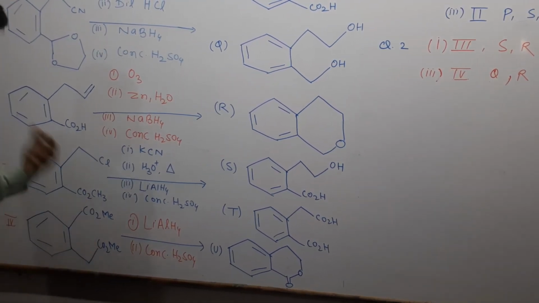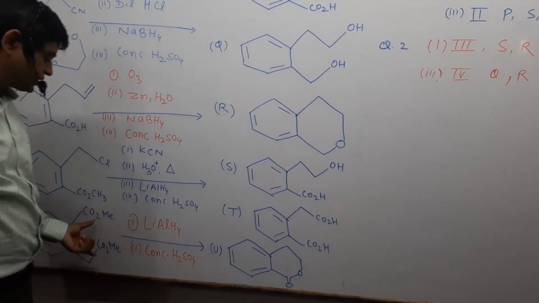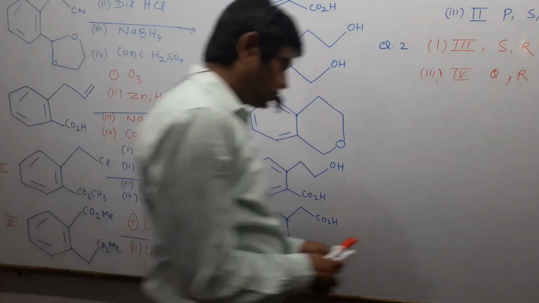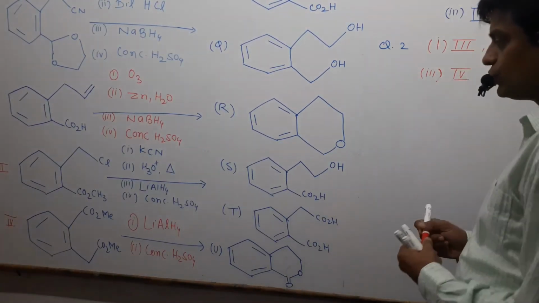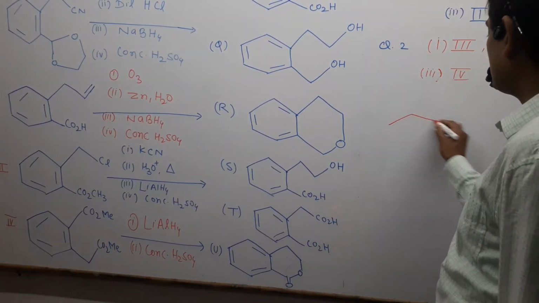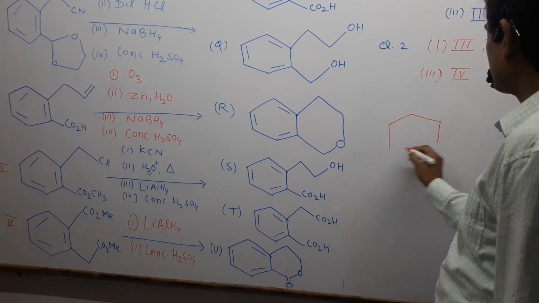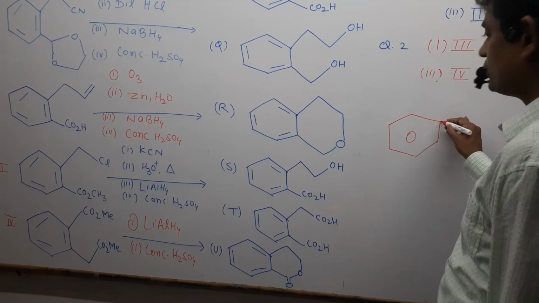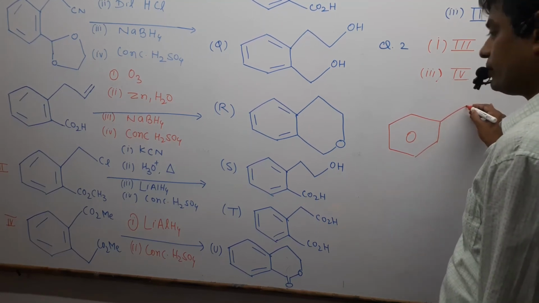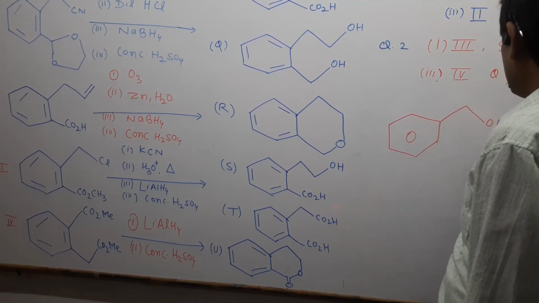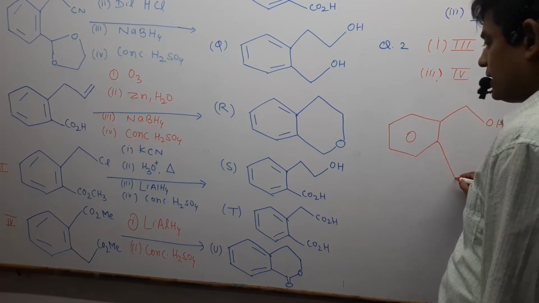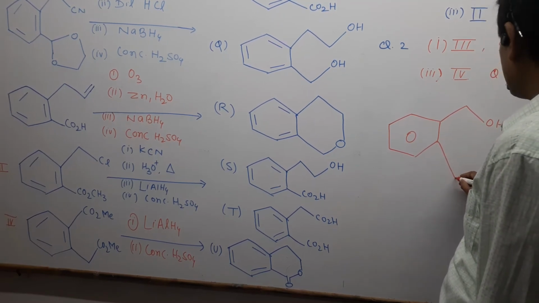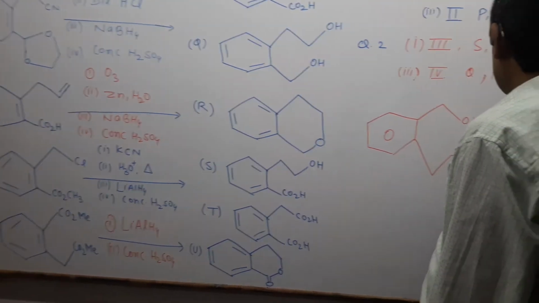That means in the presence of LiAlH4, both esters will convert into alcohol. So from the first reaction, we are getting here this one, and we have two carbon, right? So first carbon, second carbon, and third carbon.